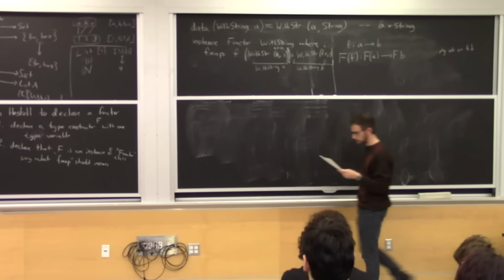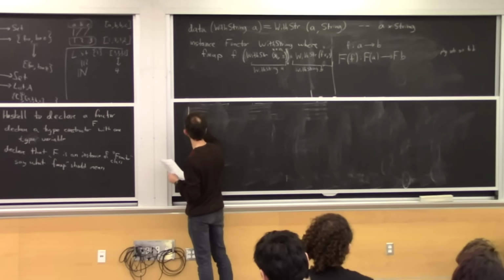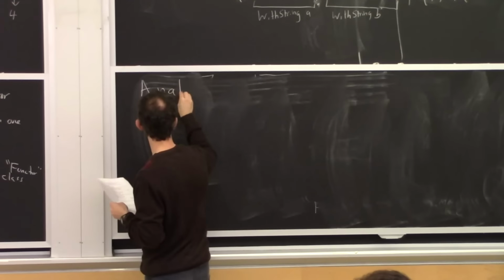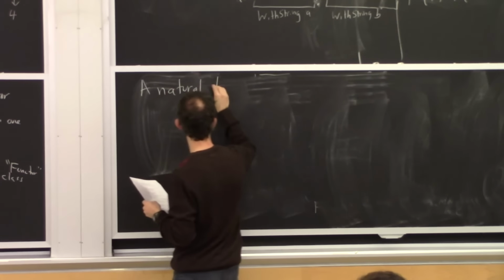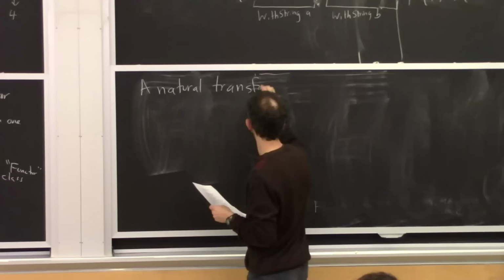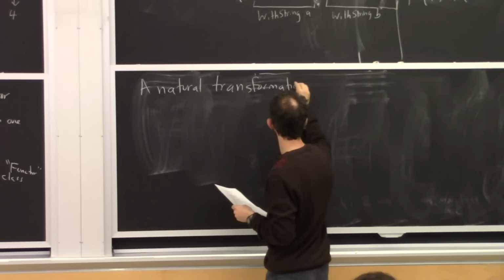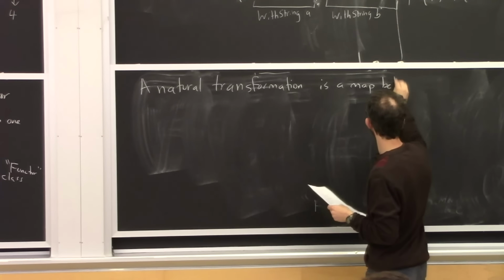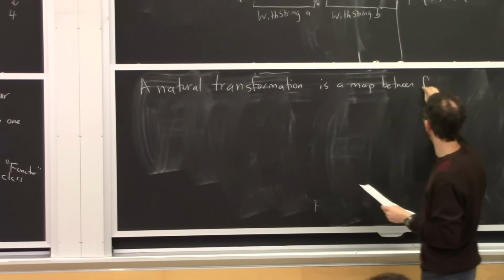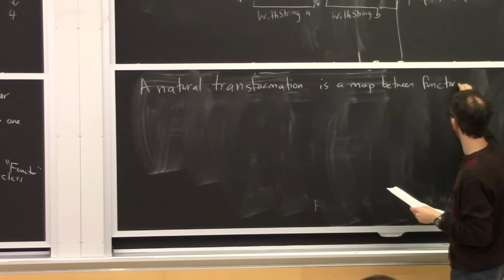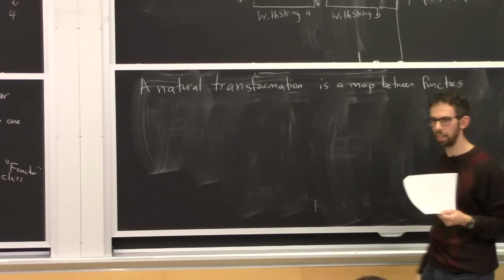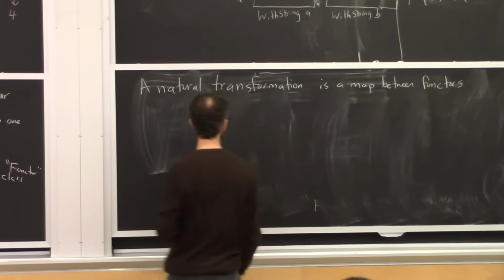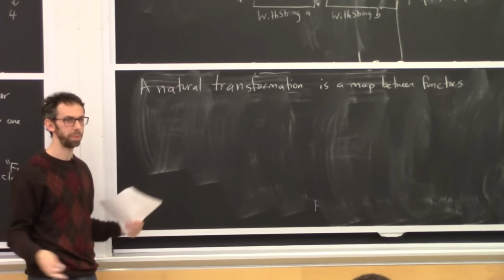OK. So basically, what is a natural transformation? It is a map between functors. And functors are already maps between categories. So it's kind of like a lot of layers here. And categories are already like lots and lots of maps between things.